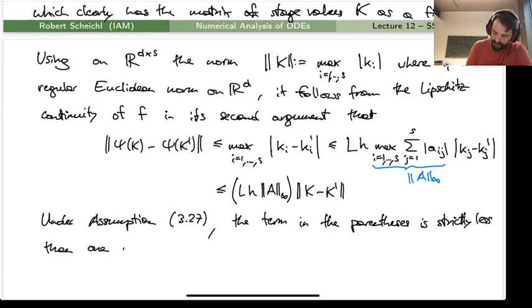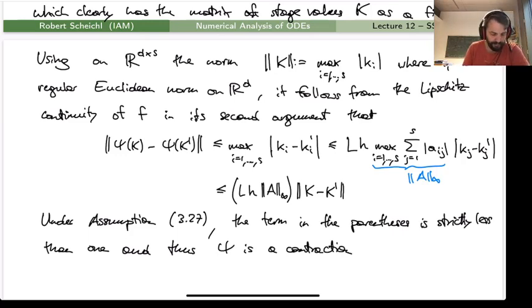And thus psi is a contraction, and then we can just apply the fixed point argument.